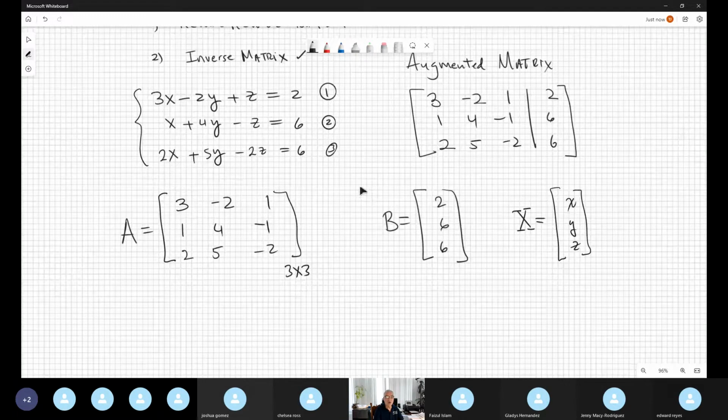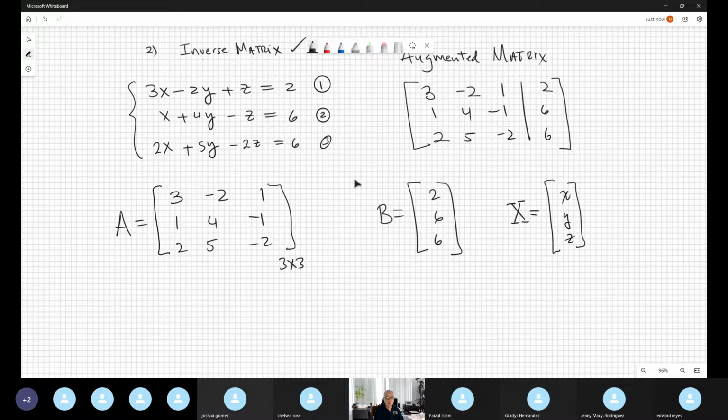So we know the new concept of multiplication of matrices, and you can write this system in matrix form. How? Matrix A times capital X equals B. Let me verify if this is correct or not.